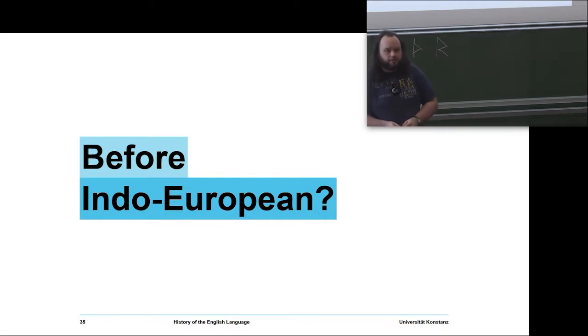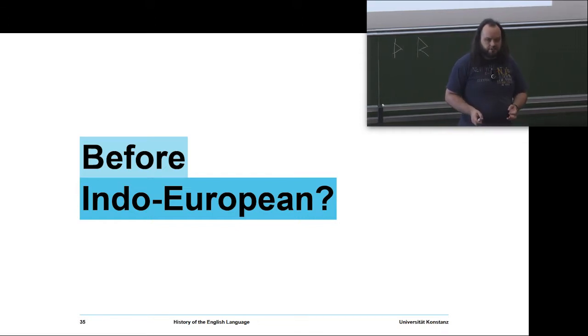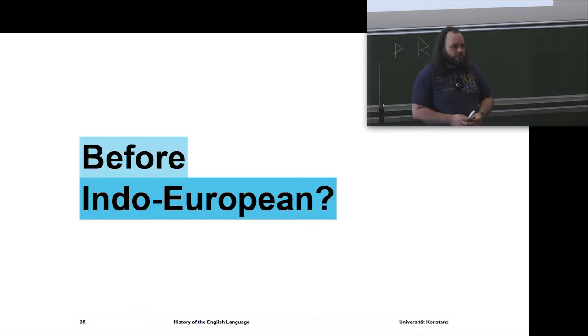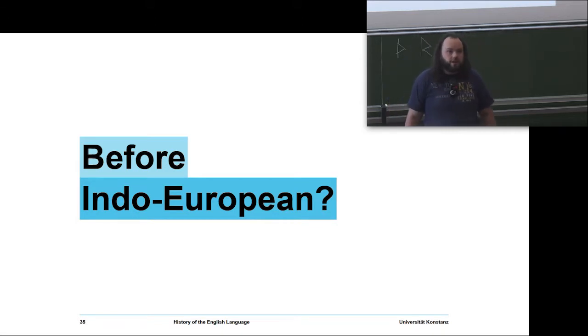Pre-Old English covers a lot of things. As I've said, let's say Old English starts in the first half of the 5th century. And then we go back, Germanic, maybe 1 millennium BC. We go back even further, we get to Proto-Indo-European, which is somewhere between maybe 3000 and 7000 BC.